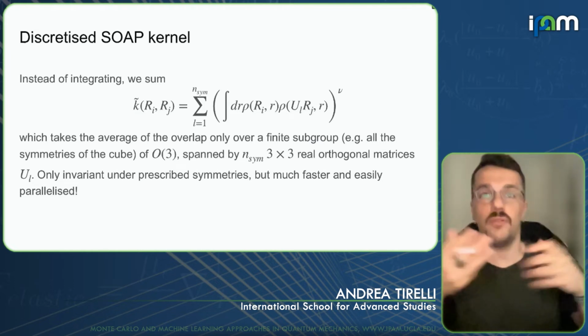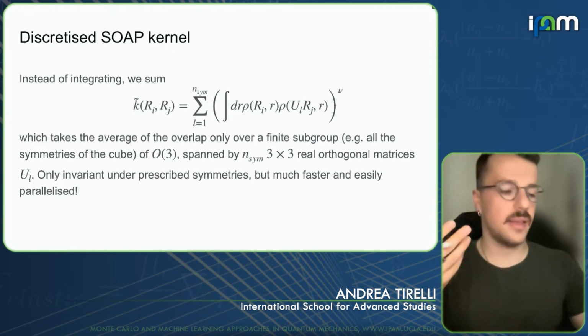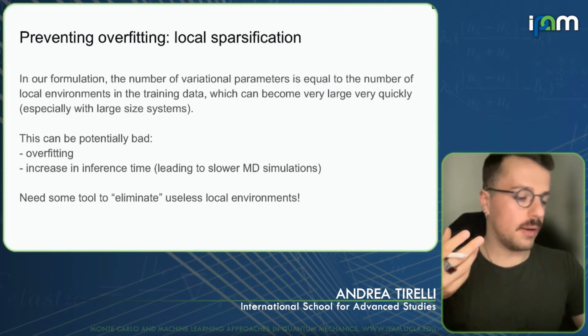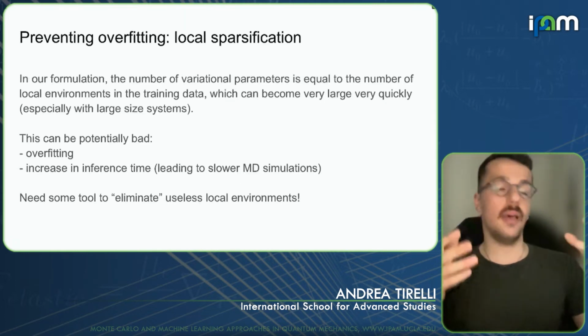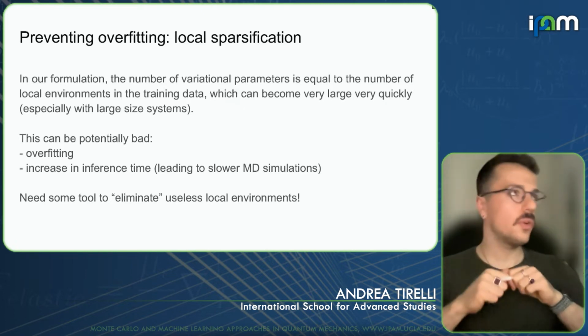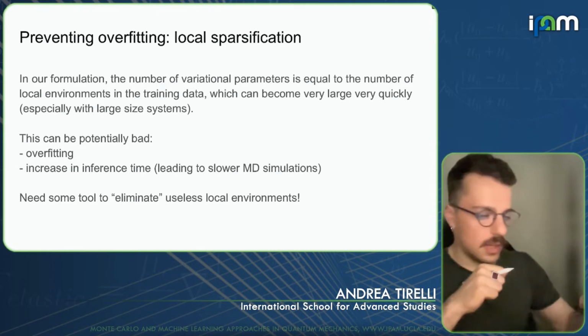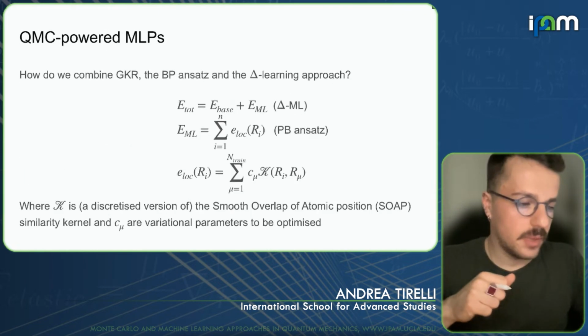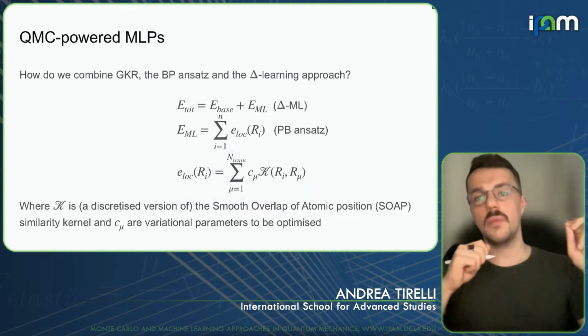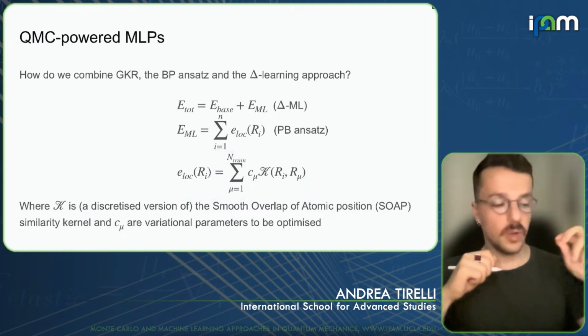especially if your training set is not large. And why should this be bad? Well, first of all, as you see from this formulation, we have one variational parameter per local environment.